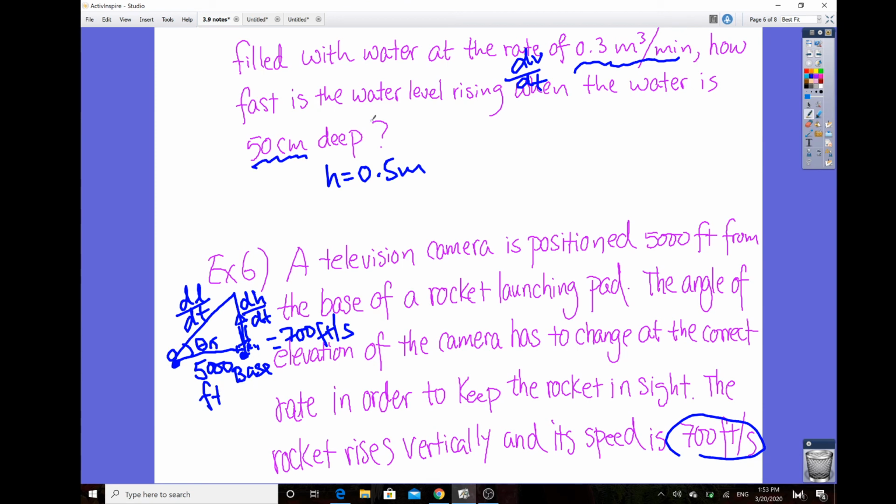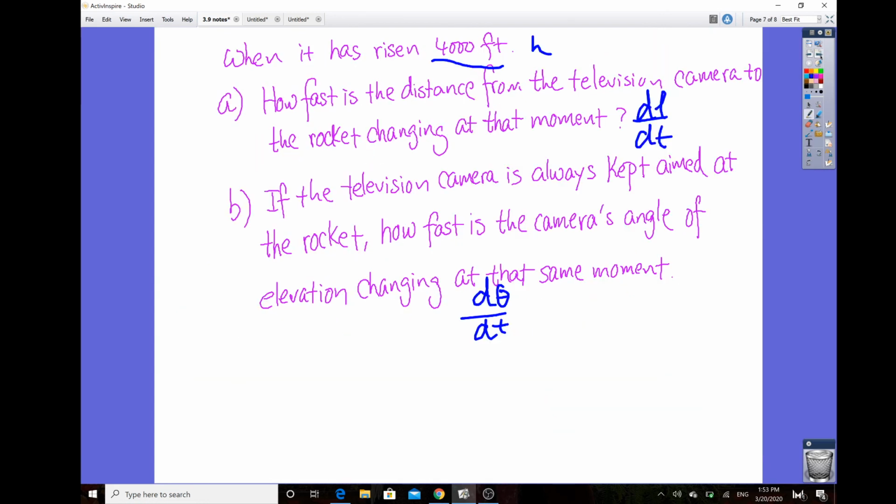Okay, so now let's just set up the equation for the first part. So for the first part, we have 5,000 squared, again using the Pythagorean theorem, plus h squared equals L squared.